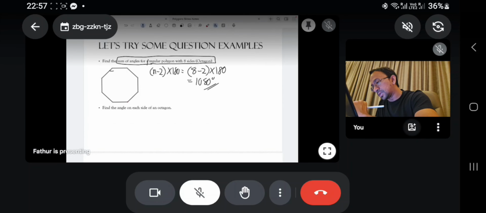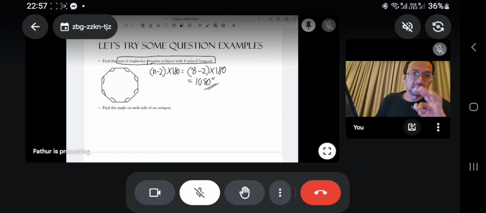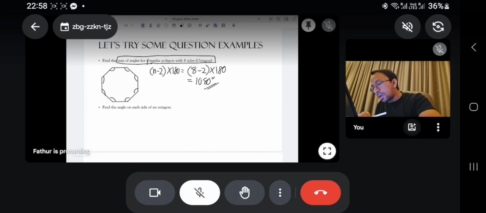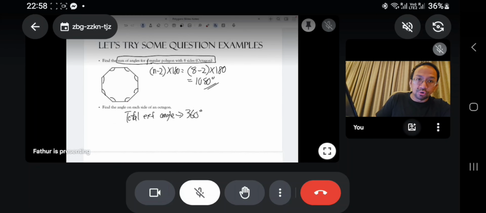It means this angle plus this angle plus this plus this plus this plus this plus this plus this. Total angle will be 1080 degrees. But that is the interior angle. If you are talking about the exterior angle, how many degrees will that be? 360 degrees. All right. So remember, total exterior angle will be 360 degrees, right?